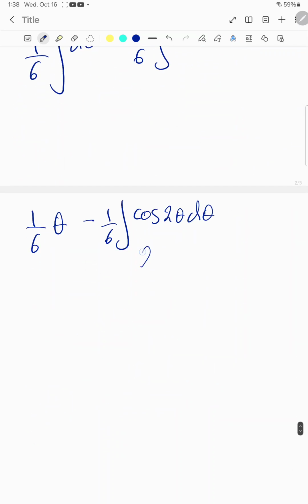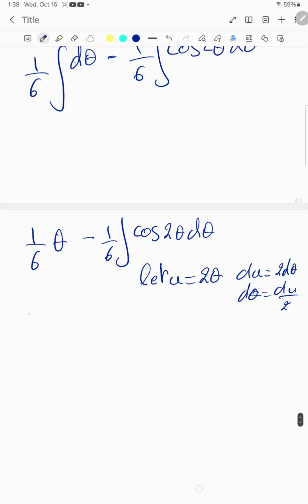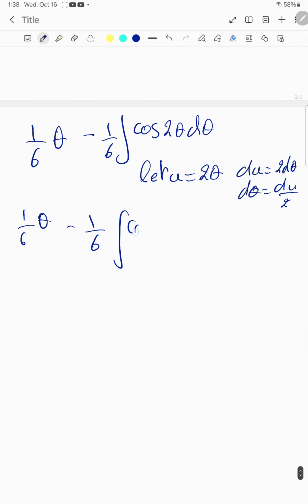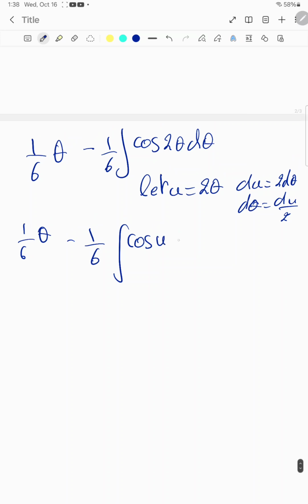And here I say let u equal 2 theta. So du equals 2 d theta, so d theta is equal to du divided by 2. So my integral here, I will keep 1 over 6 theta minus 1 over 6 integral of cosine of u times du divided by 2.